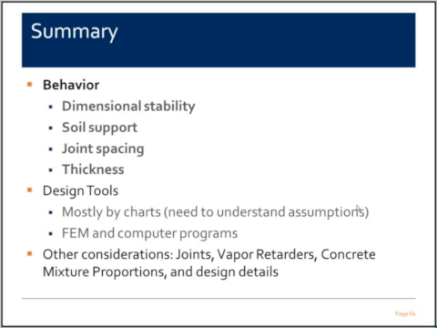Soil support is oftentimes the most variable and troublesome element in a slab-on-grade system. It determines our joint spacing and the thickness of our design, so we have to consider that.